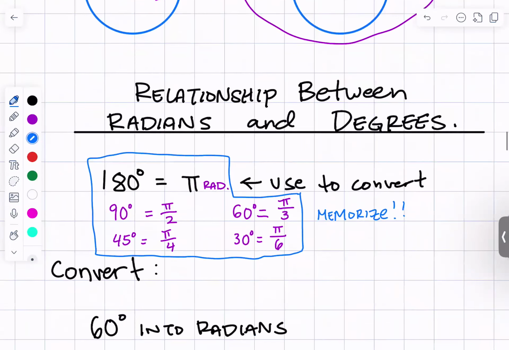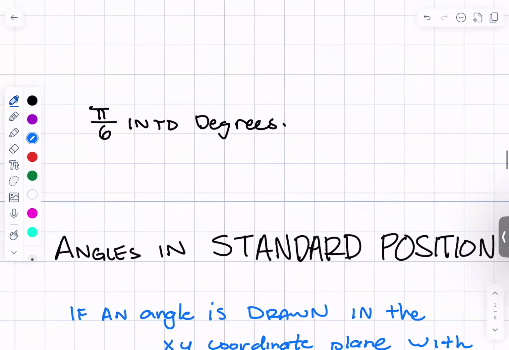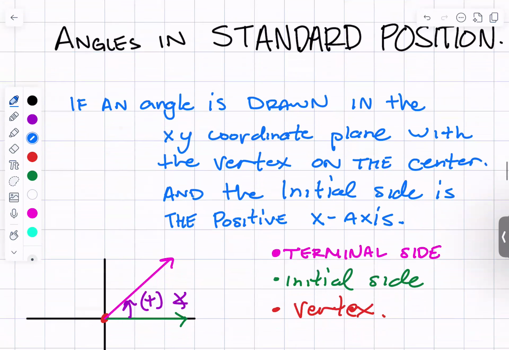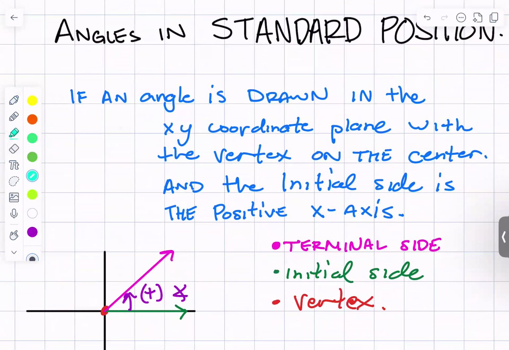So now that we have that, let's look at angles in standard position. If an angle is drawn in the XY coordinate plane, with the x-axis and y-axis, and the vertex is at the center, the initial side is going to be the positive x-axis.